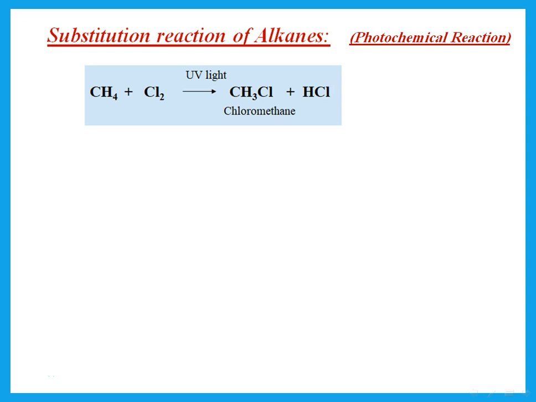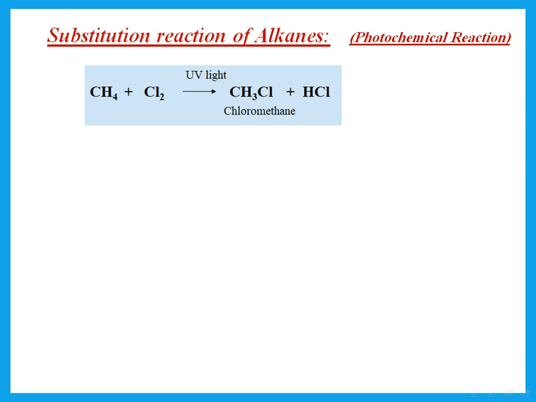Now, what are we doing here? Remember, substitution means I'm starting with an alkane. It's only for alkanes, not for alkenes or alcohols or any other. It's an alkane reacting with a halogen. So you should remember that halogens are fluorine, chlorine, bromine, iodine. Fluorine is too reactive.